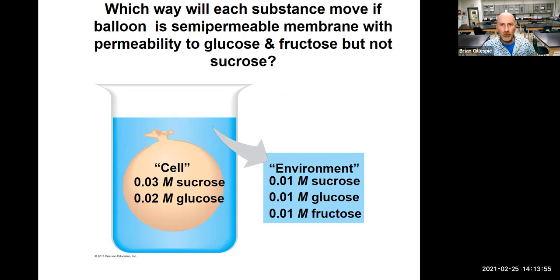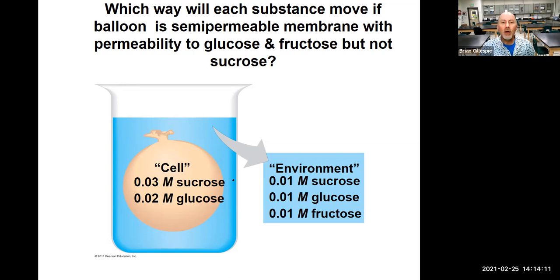All right. So what do we do if this membrane is selectively permeable, and it will allow glucose and fructose molecules to pass across their surfaces, but sucrose is prevented from diffusing?